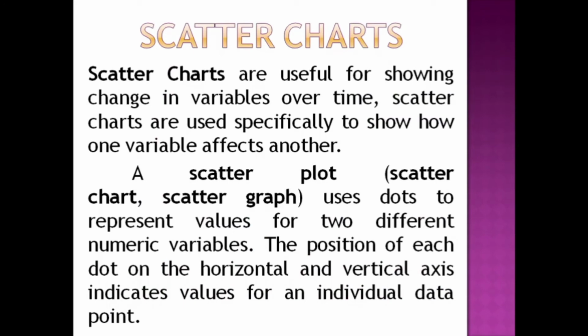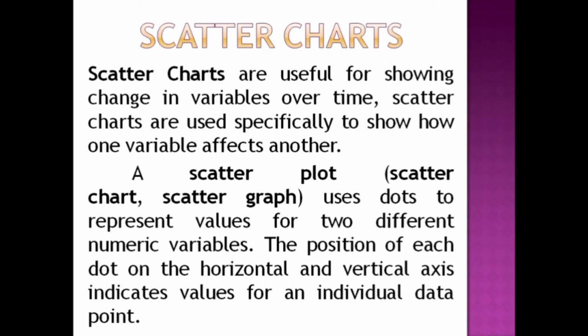The next type of chart is the scatter chart, or we can also call it the XY chart, or XY axis chart. Scatter charts are useful for showing changes in variables over time. It can represent changes in a variable over a particular time period.